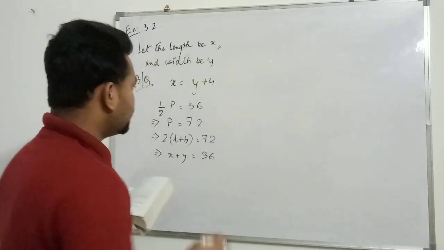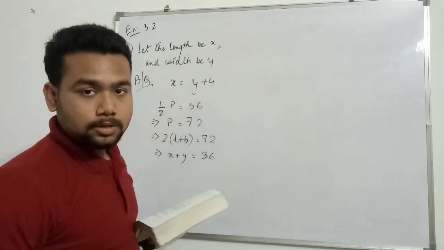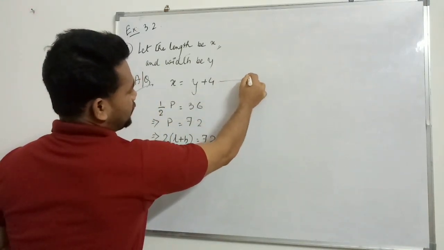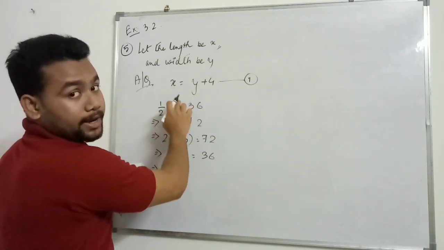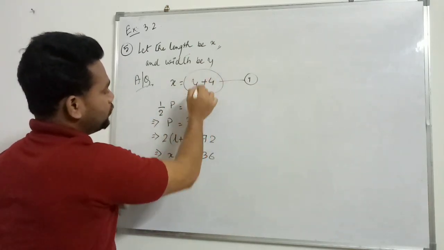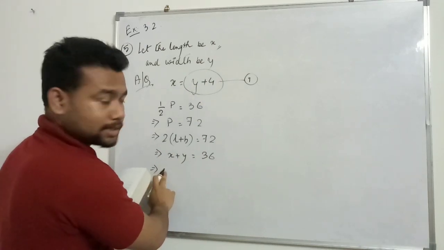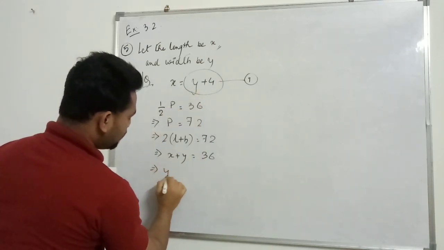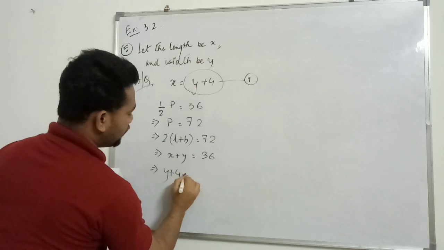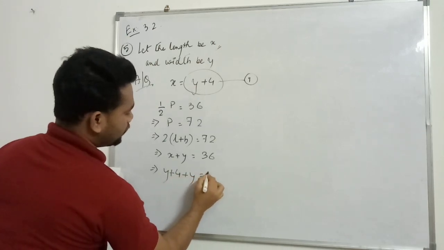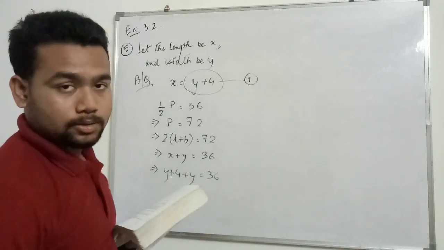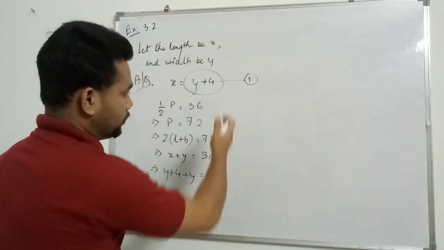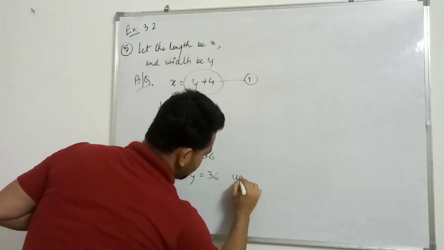And here x equals y plus 4. Let me mark it as equation 1. For the value of x, we can put this value here: y plus 4 plus y is equal to 36, from equation number 1.